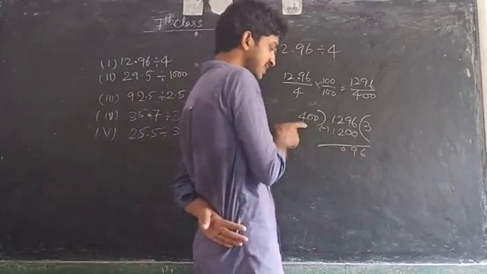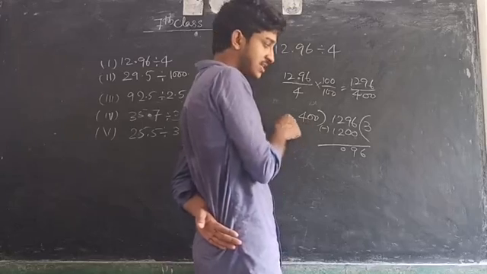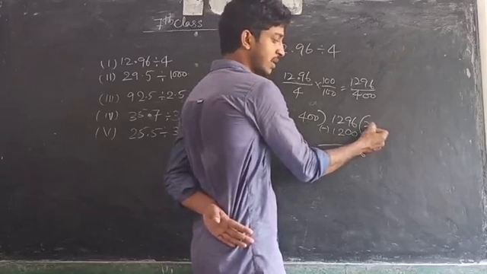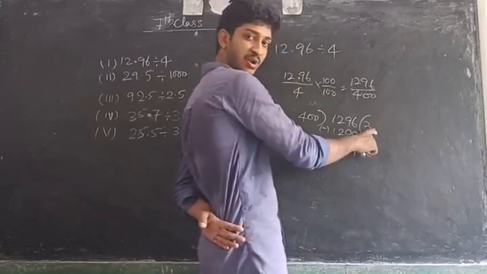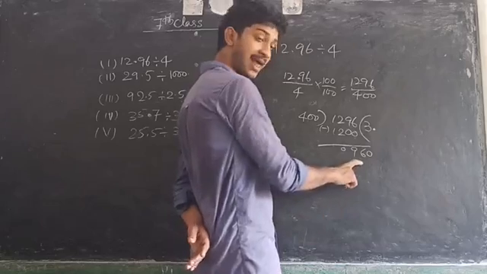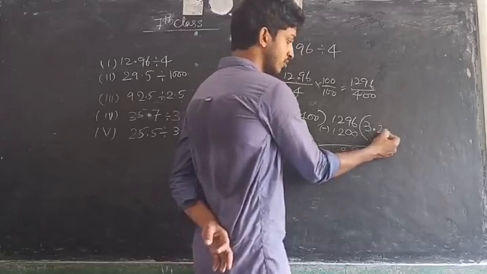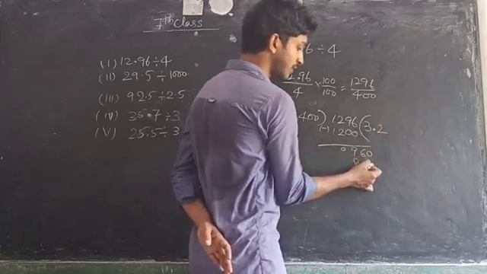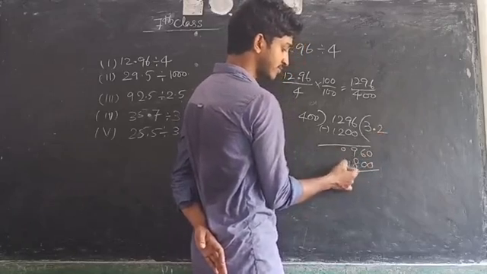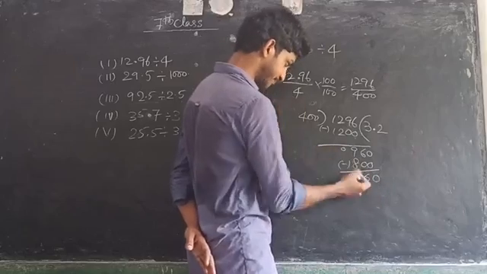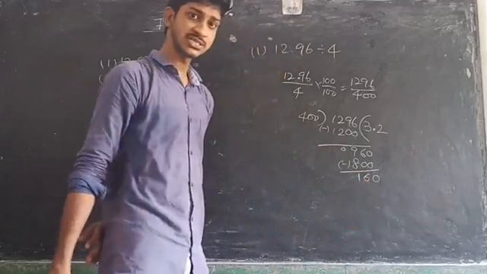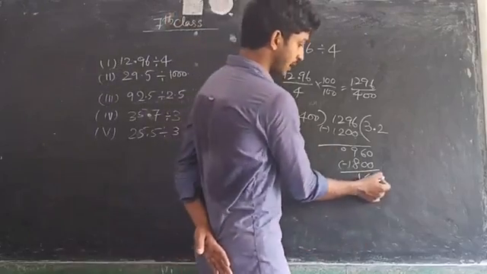Here 96 is less than 400. That's why I am placing a decimal point here for adding 0 here. In 960, how many times? 2 times. 2 into 400 is equal to 800. Now I am subtracting this. 160 is the remainder. Now add 0 here.